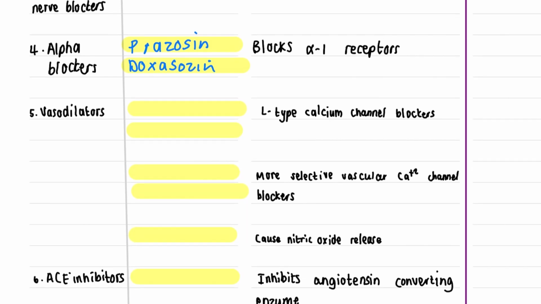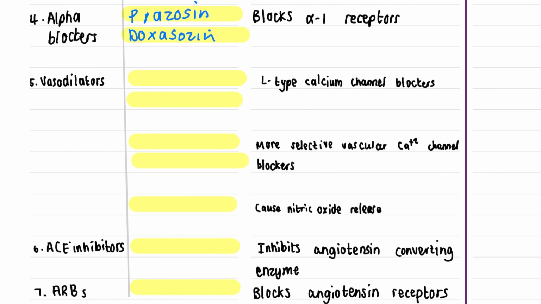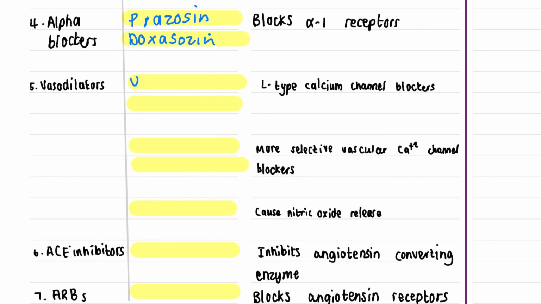Now, vasodilators. Now, you get two types of calcium channel blockers. One that are more focused on the L-type calcium channels, and then drugs that are more focused on the calcium channels in the vascular system. So, the L-type calcium channel blockers include verapamil and diltiazem.